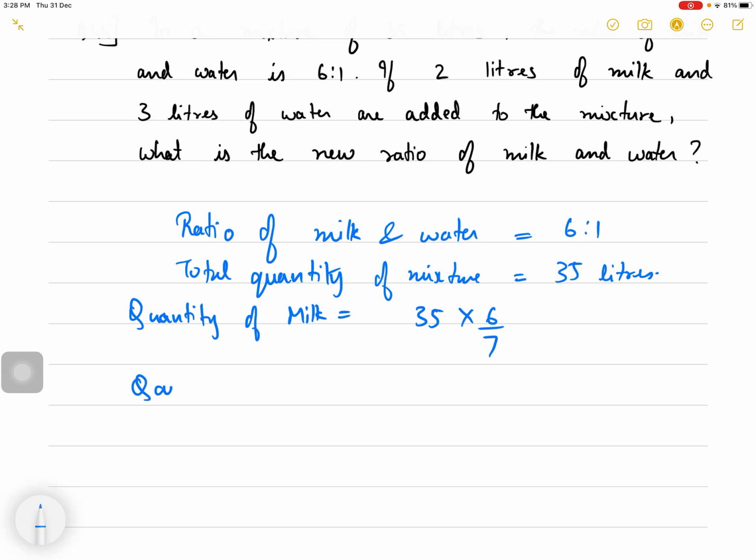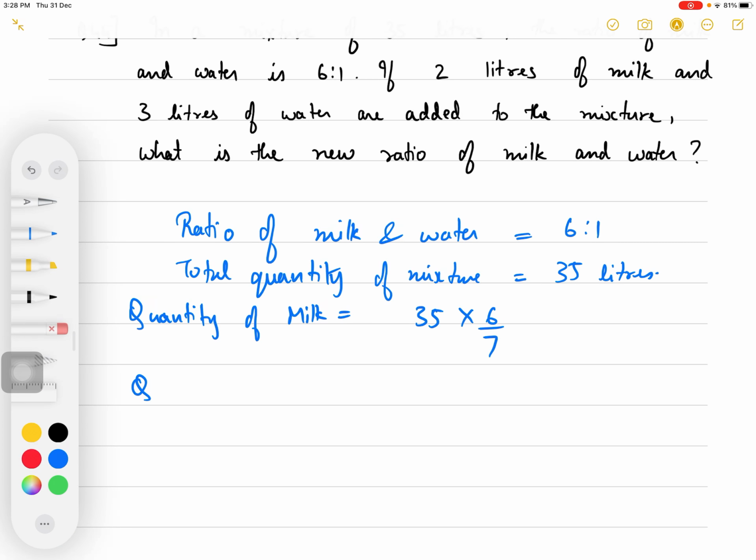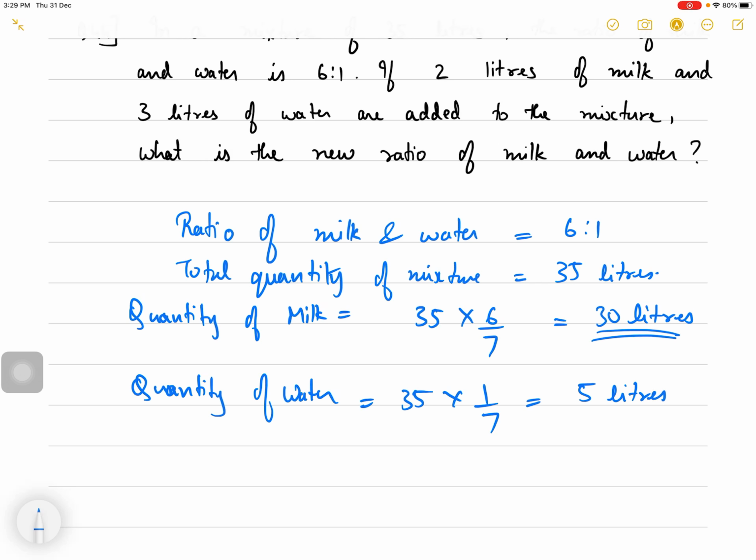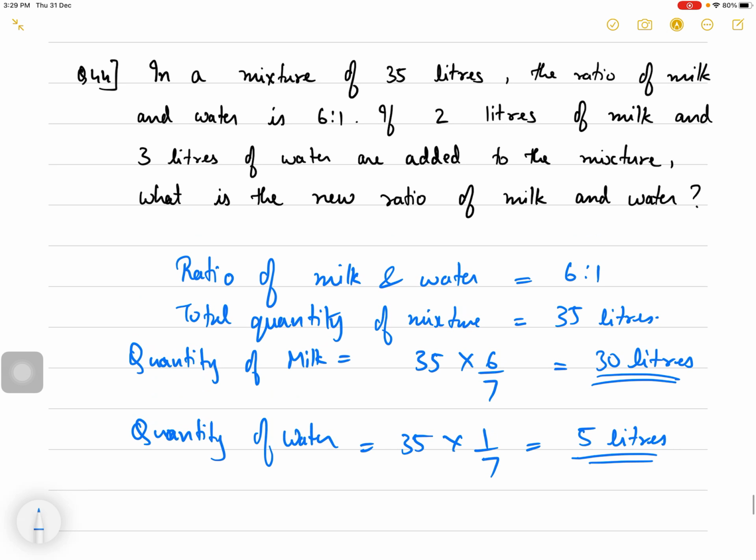And quantity of water will be 35 into 1 by 7. Correct? So 35 into 6 by 7, how much does it come to? It will come to 30 liters. This is 5 liters. Now there's 30 liters of milk and 5 liters of water.